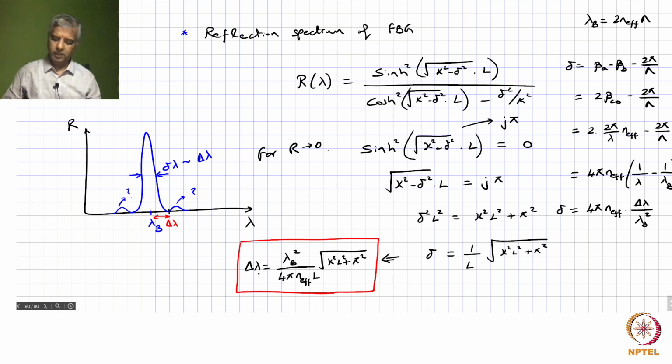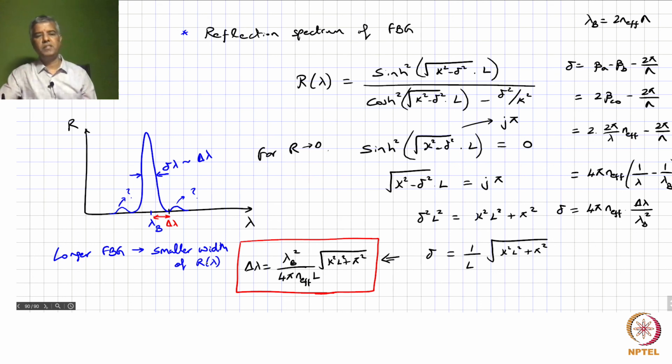Well, one thing we can clearly say is that it is inversely dependent on L. That means a longer FBG typically gives rise to a smaller width of that reflection spectrum, so smaller width of R of lambda.